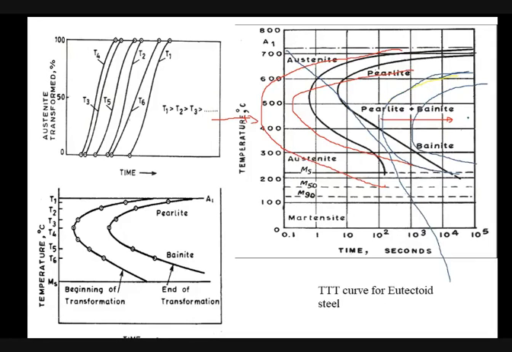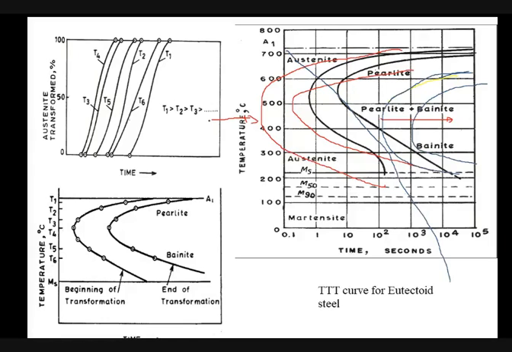Okay, and how to do that? By addition of alloying elements. Chromium, nickel, molybdenum, all these alloying elements shift the nose of the C curve to the right side. But aluminium and cobalt are the only two elements which shift the nose of the C curve to the left side.